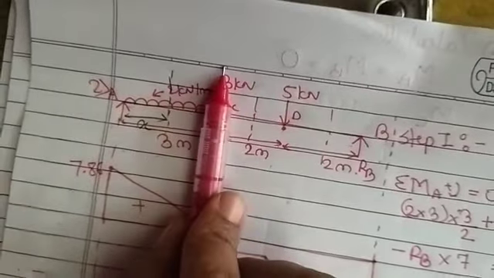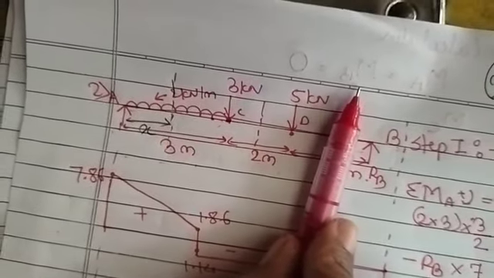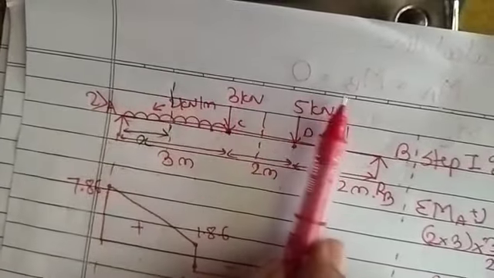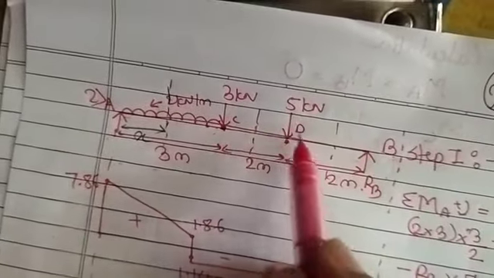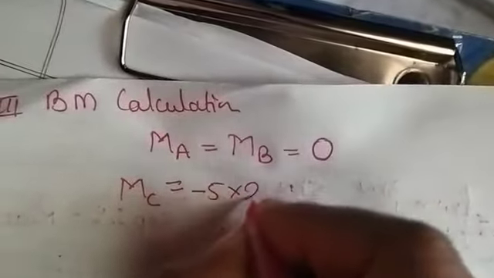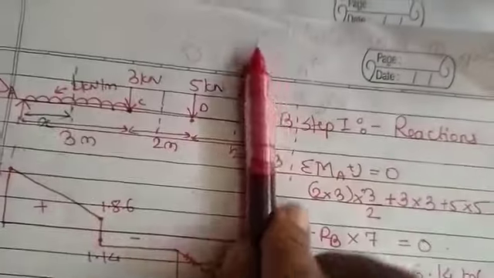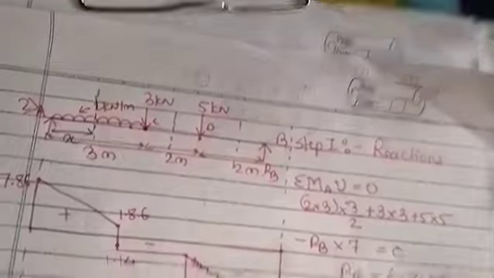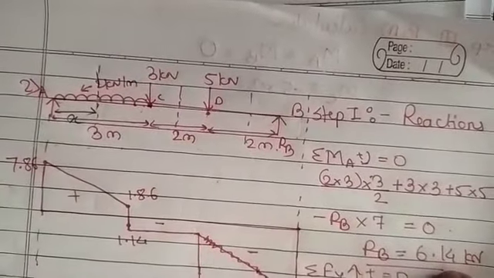So for C, we'll rotate all the forces of the right side. First will be 5 kN. It will be rotating clockwise, so negative. 5 into 2 will be negative. So MC will be equal to minus 5 into 2. Now rotate RB. RB is rotating in the anticlockwise direction, so it will be taken as positive. RB's value is 6.14.